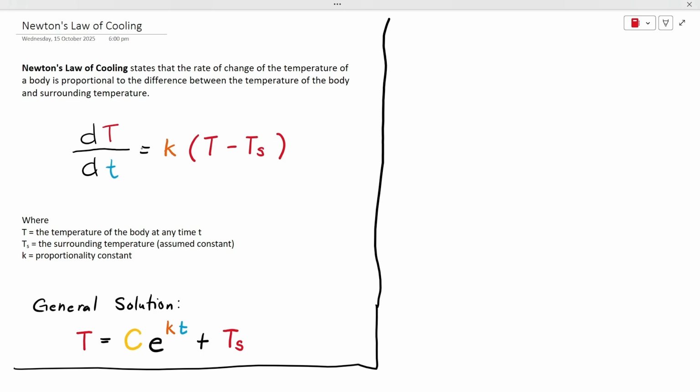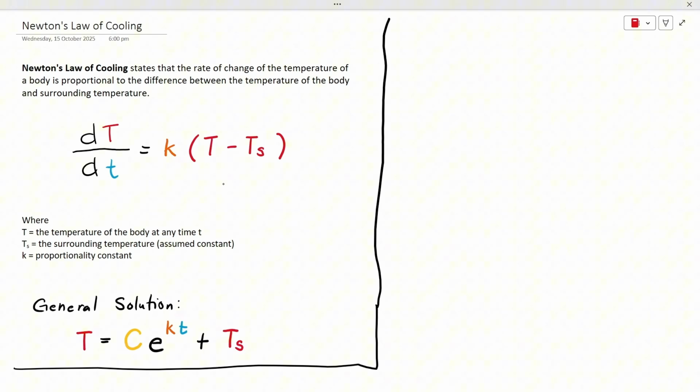this gives us the change of temperature over the change of time is equal to the proportionality constant K multiplied by the quantity T, which is the temperature of the body at any time, minus T sub S, the temperature of the surrounding, assuming that this temperature is constant.